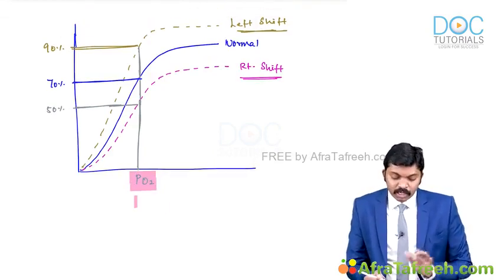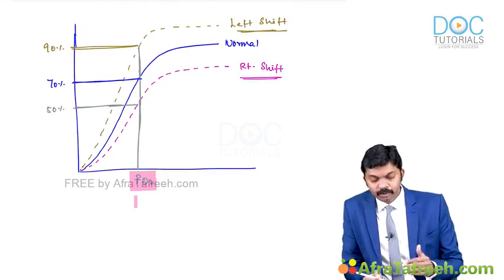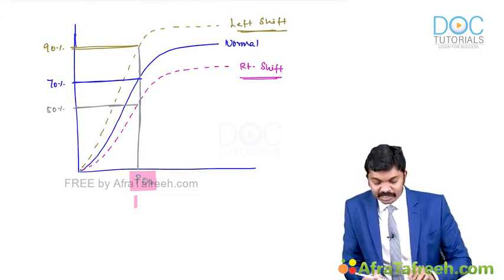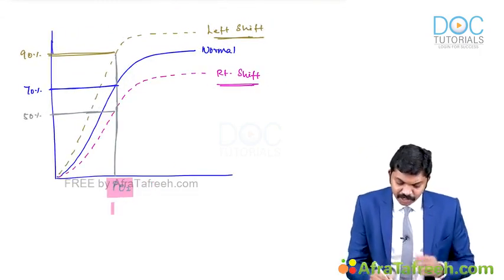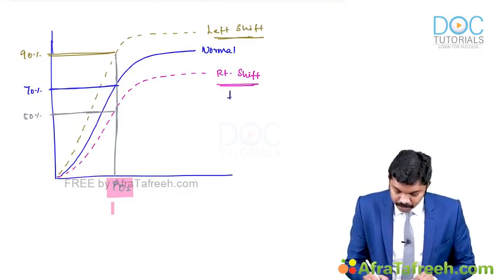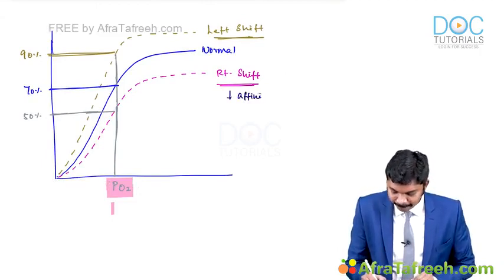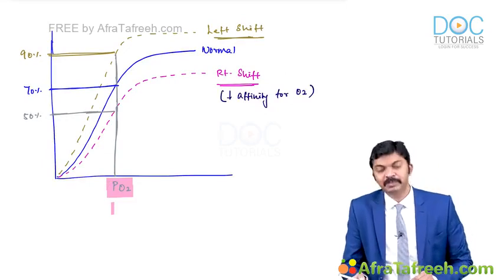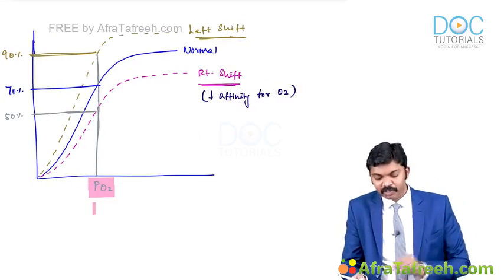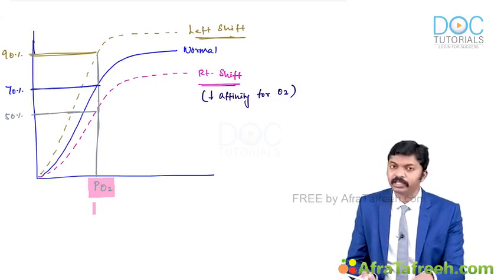Now what are the causes that are involved in shifting the curve to right as well as left? Let us take up right shift, doctors. Right shift indicates decreased affinity for oxygen. Hemoglobin expresses decreased affinity for oxygen, and this is right shift. What are the causes?